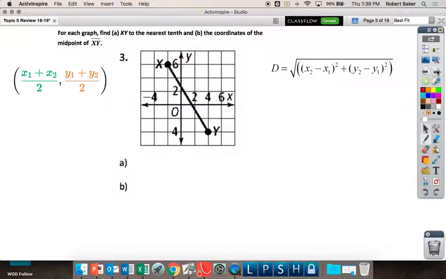All right. The second question is pretty similar. The only difference is that there is a graph now. You have to go to the graph and pull the points off the graph. So I want to know, where is x? Where is this point?